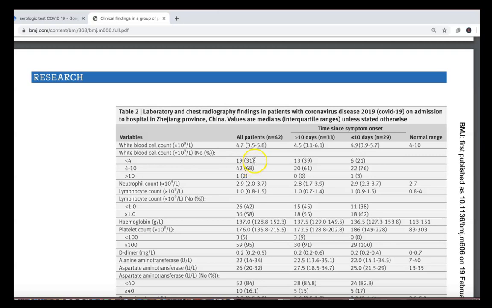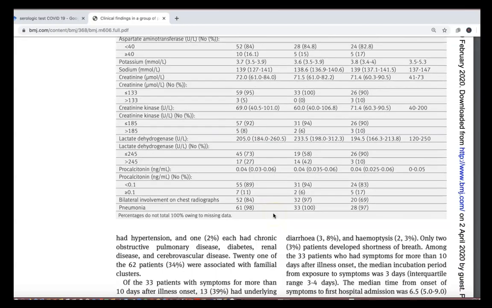Usually when you get below 4 times 10 to the 9th per liter on white blood cells, that's decreased, and 31% of them had a decreased white blood cell count. And 42% of them had low lymphocytes, meaning their immune system was weakened during their bout with this. And one of the stronger findings is that 98% of them had pneumonia. That's pretty much what hospitalized them.